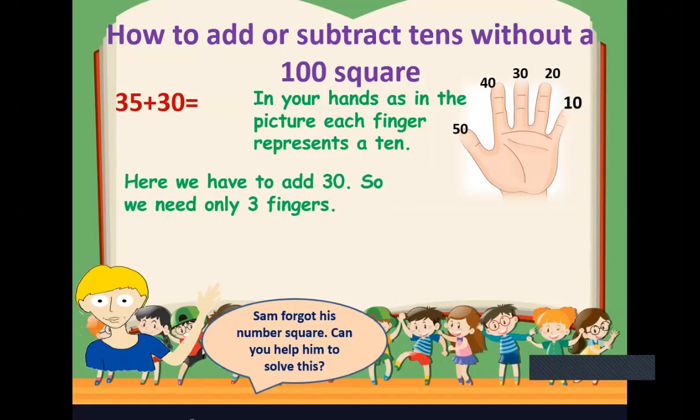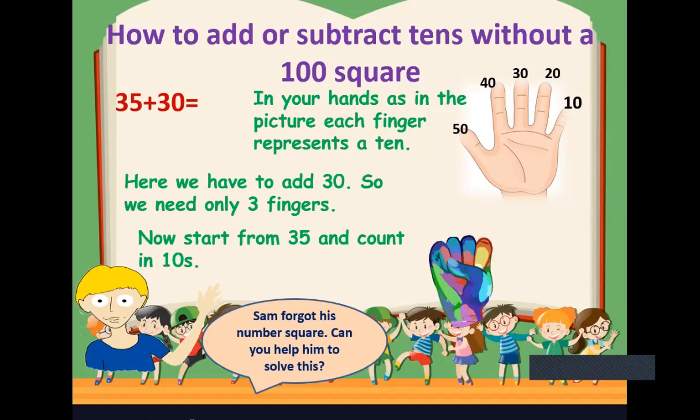We start from 35 and count in tens. So 35, you will get 45, plus 10 will be 55, plus 10 will be 65. So the final answer will be 65.